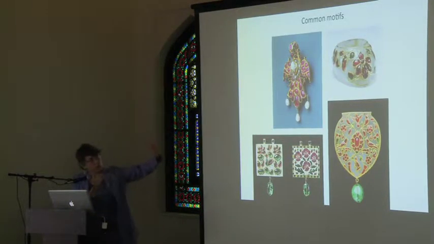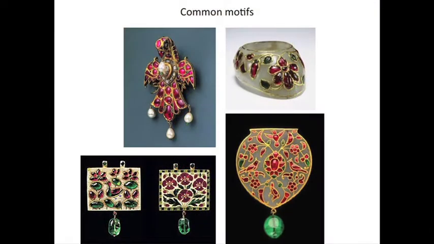So on the reverse side, usually the imagery is related to that of the front. And here we have flowers and leaves, in what's called meenkari, which is an enamel method that was brought to India from Persia during the Mughal period.